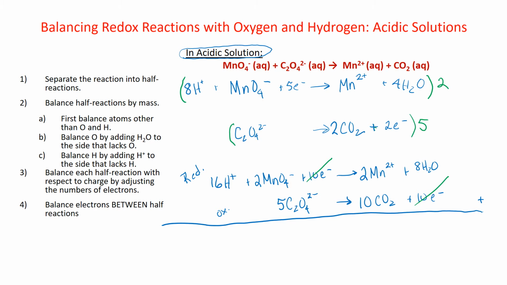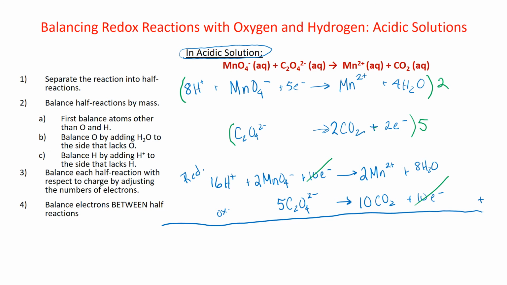Because you might have water, you might have hydrogen ions on opposite sides of the arrow for these half reactions. But in this particular example, we don't. We just have the one water and one set of hydrogen. So nothing is going to cancel out there. So now we can just bring everything else down to get our final balanced redox equation.